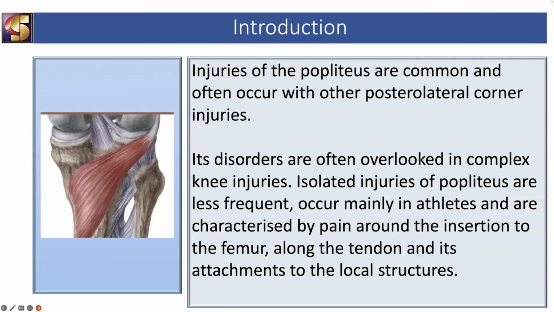Injuries of the popliteus are common and often occur with other posterolateral corner injuries. Its disorders are often overlooked in complex knee injuries. Isolated injuries of the popliteus are less frequent, occur mainly in athletes, and are characterized by pain around the insertion to the femur, along the tendon, and its attachment to the local structures.